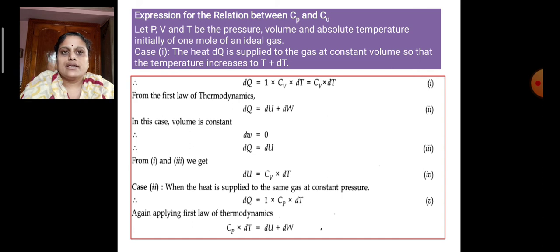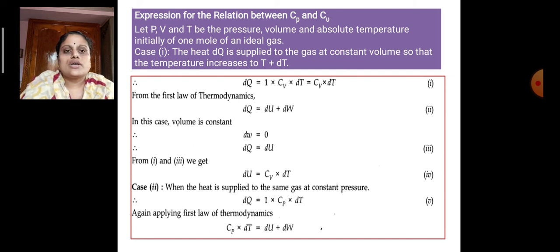We are supplying an amount of heat dQ at constant volume to this system so that the temperature increases from T to T plus dT. Then from the equation for specific heat, dQ is equal to 1 into Cv into delta T. That is, dQ by dT is equal to Cv, or dQ is equal to Cv into dT.